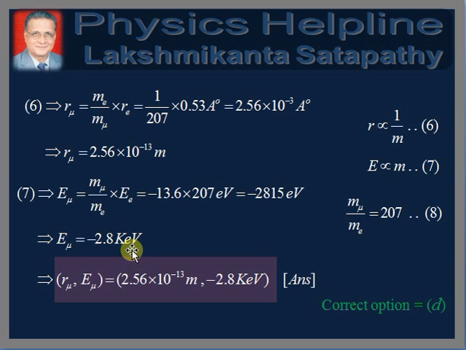Therefore, we have R mu and E mu is equal to 2.56 into 10 to the power minus 13 meters and minus 2.8 keV, which is the answer to question 1. Therefore, the correct option is D.